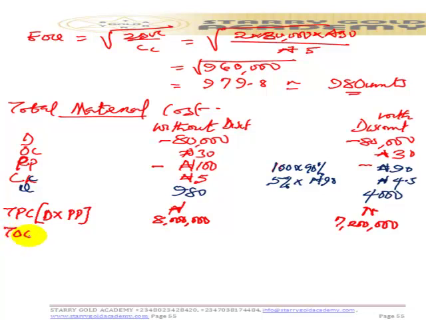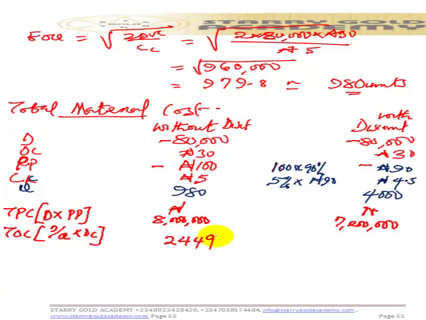Then the total ordering cost will be annual demand divided by quantity times ordering cost per order. So annual demand of 80,000 divided by EOQ 980 times ordering cost 30 gives us approximately 2,449.